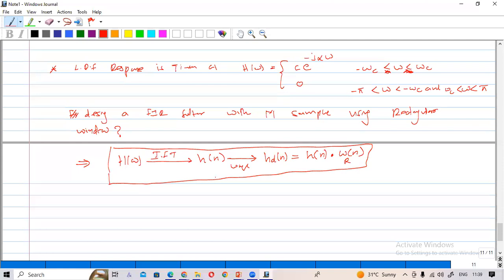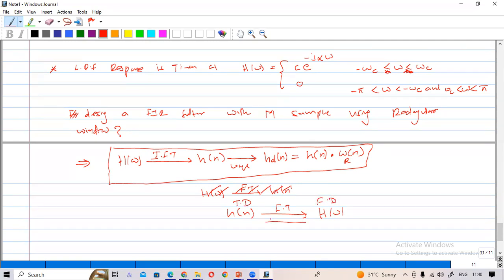Maybe you can't remember the inverse Fourier transform identity. You know that if we have a time domain signal h(n) and apply the Fourier transform, we will have H(ω), the frequency domain signal. This is the time domain signal, and this is the frequency domain signal.